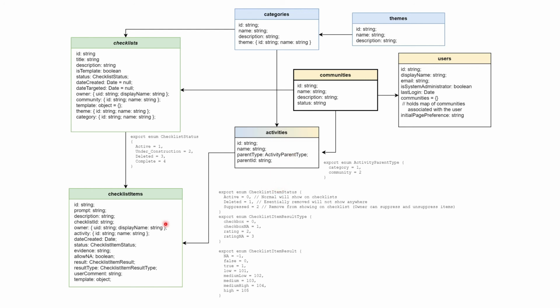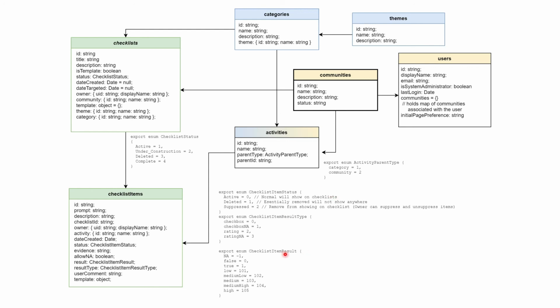So I could get a report on how many, for a certain activity, say checking the oil. I could have an activity around checking the oil and then look at all the checklist items that fall under that activity. Again, those activities are grouped into communities, or into categories.